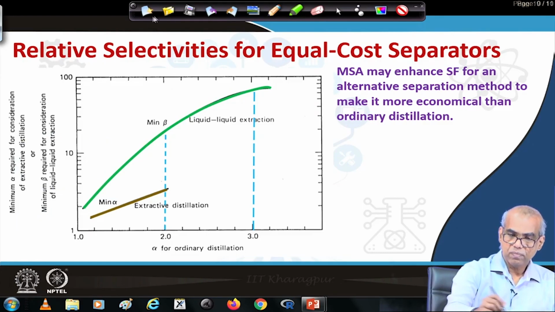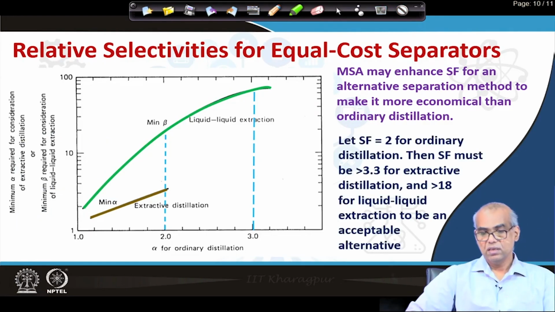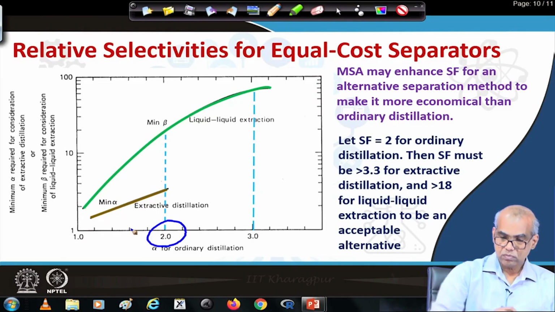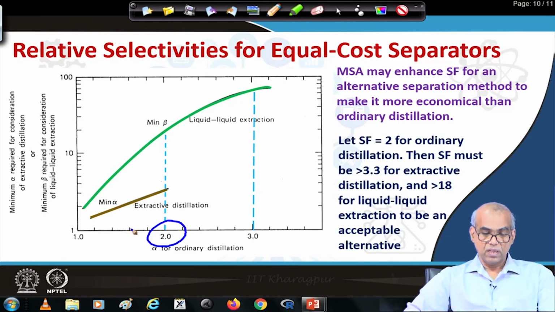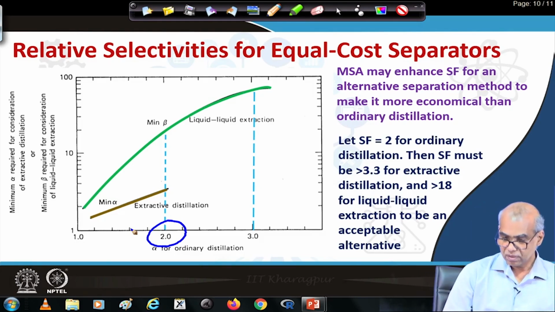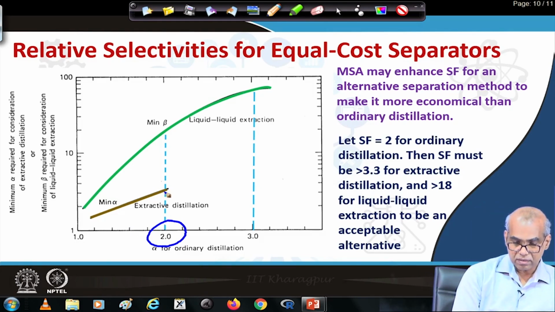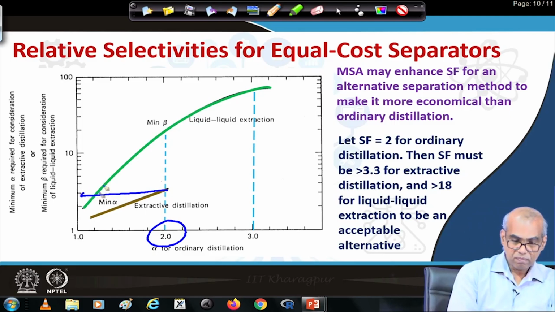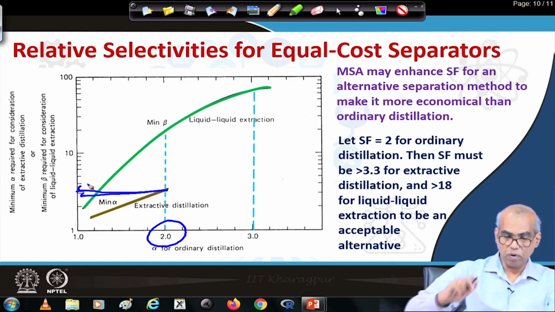For example, let us consider the separation factor equal to 2 for ordinary distillation. Then, if I want to use extractive distillation, the separation factor obtained by extractive distillation must be say as high as 3.3 or so.